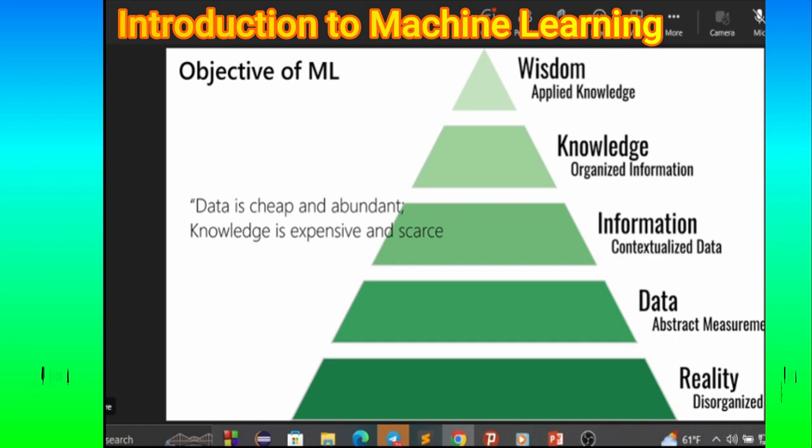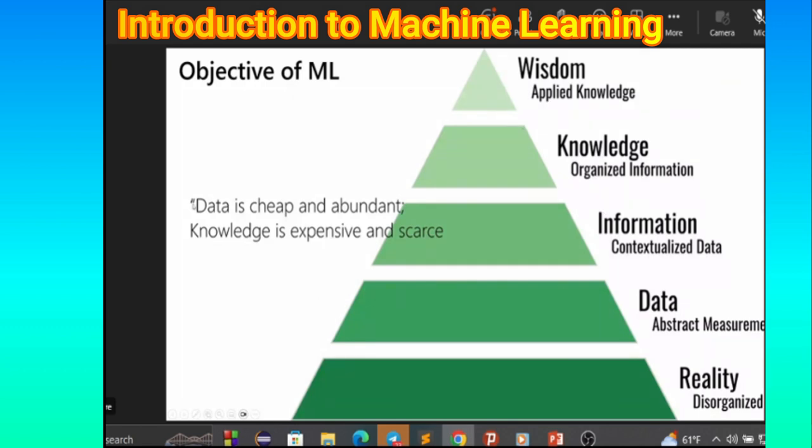The objective of machine learning is using the cheapest and most abundant data to generate the most expensive resource, which is knowledge. So that's the ultimate objective. This is the pyramid of wisdom.